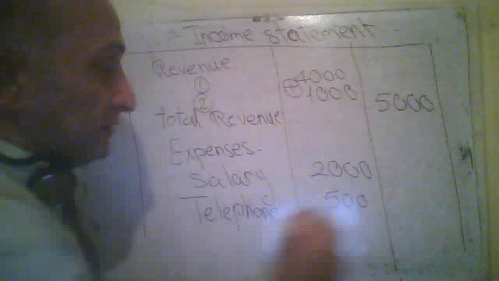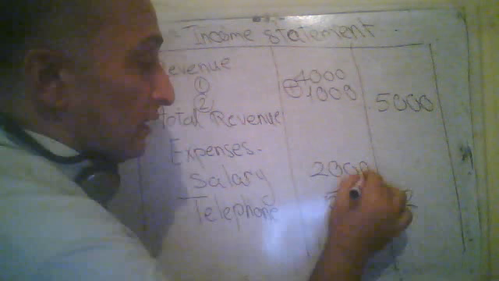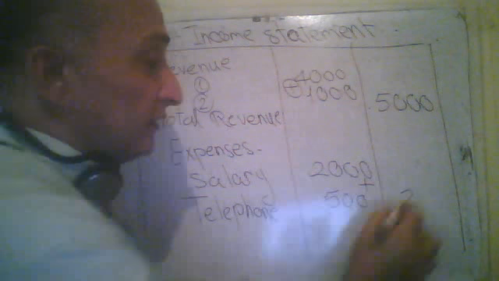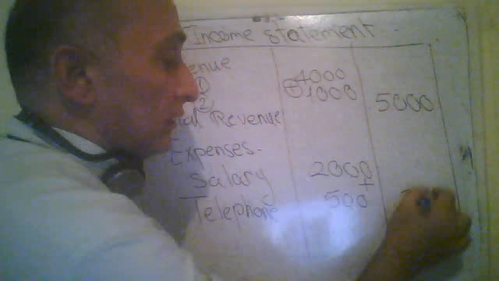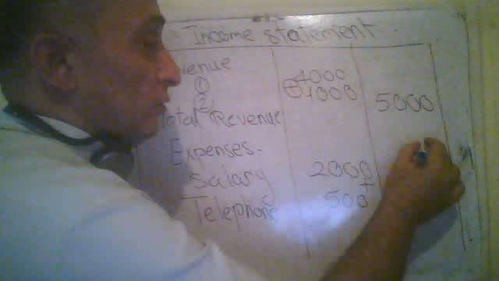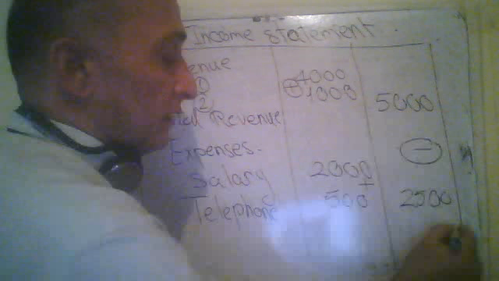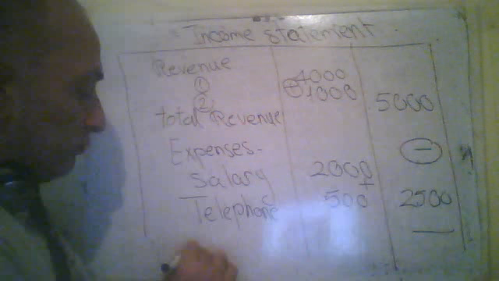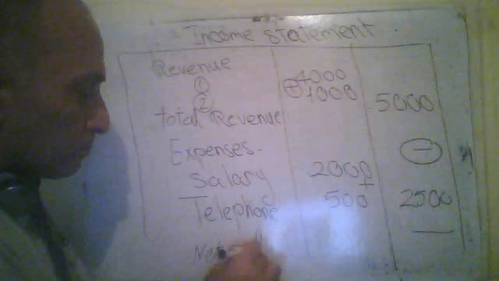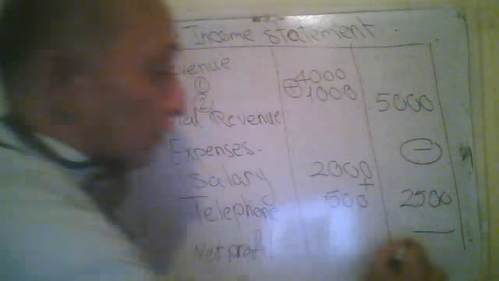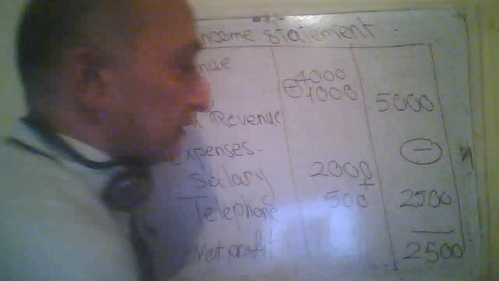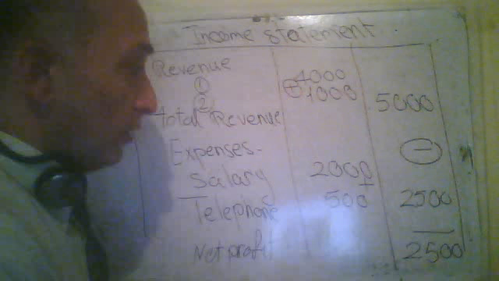Total expenses 2,000 plus 500, 2,500. And revenue minus expenses, I have net profit $2,500. Okay?